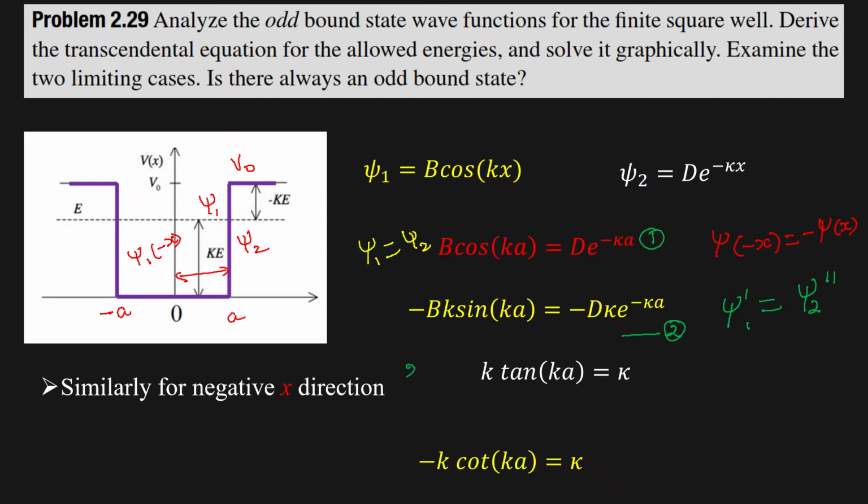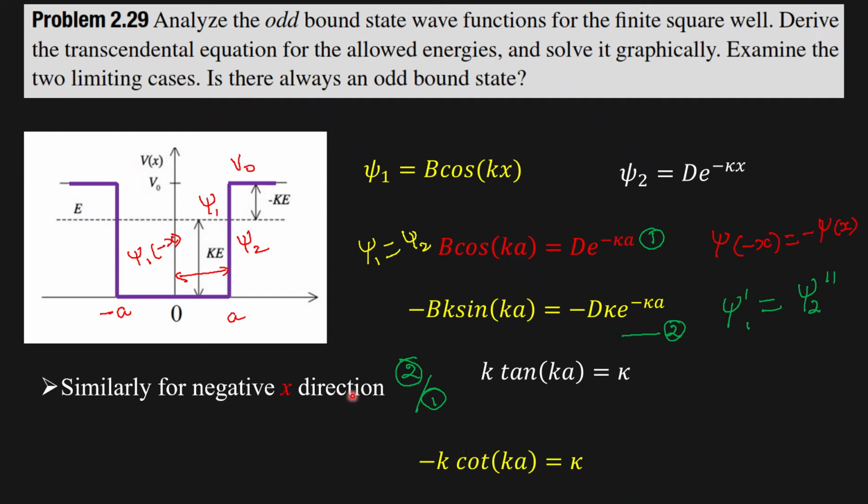If you divide equation 2 by 1, then the sine automatically cancels out, then this p will cancel out. Then k sin ka over cos ka is k tan ka. And T will get cancelled and the exponential term also will get cancelled. You will get only kappa. So this is the solution for the positive x direction.